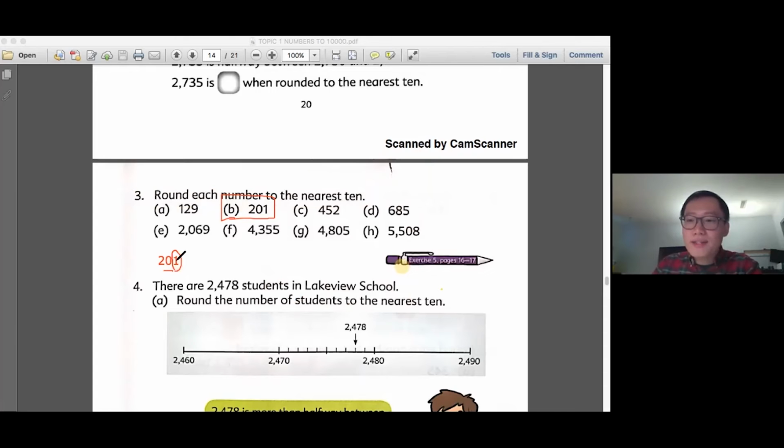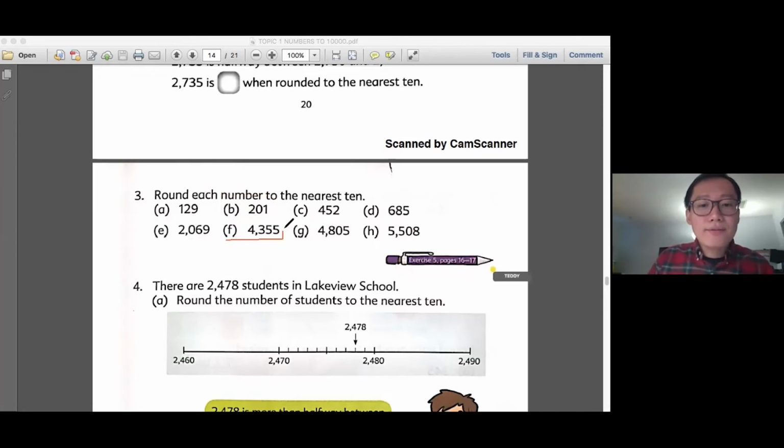The ones place is 1. 1 is a weak number. That means the 0 is going to stay. 0 remains 0, and the ones place always becomes 0. We don't care about the hundreds place because we're not rounding it. So the hundreds place remains the same as 2. So 201 rounds to 200.